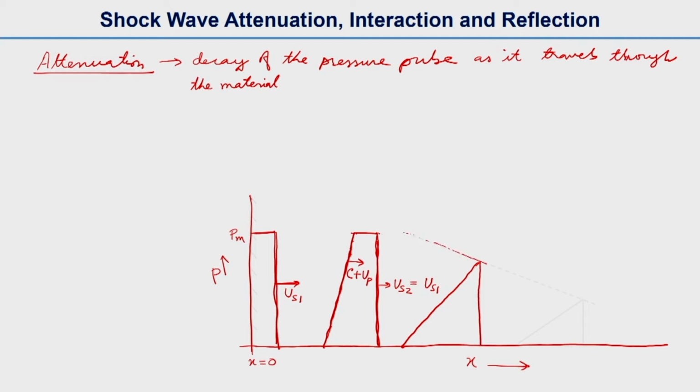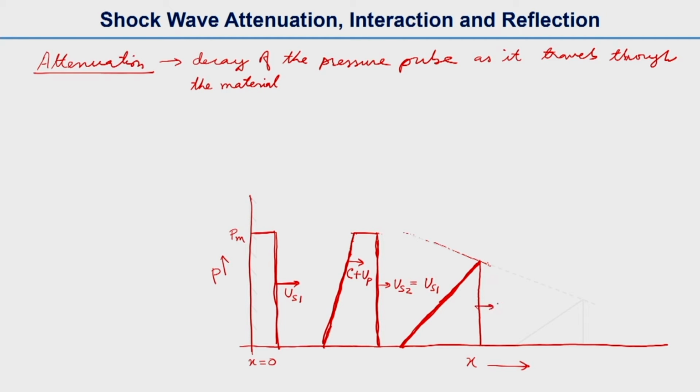The peak pressure earlier was here, and then it will decrease. And also if you see the back side curve, that is the release part where the pressure returns back to 0 from the peak pressure, that also has a slope that is less now. Earlier the slope was high, here now the slope is less.